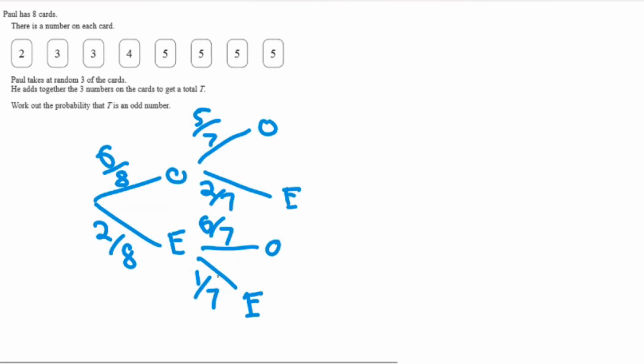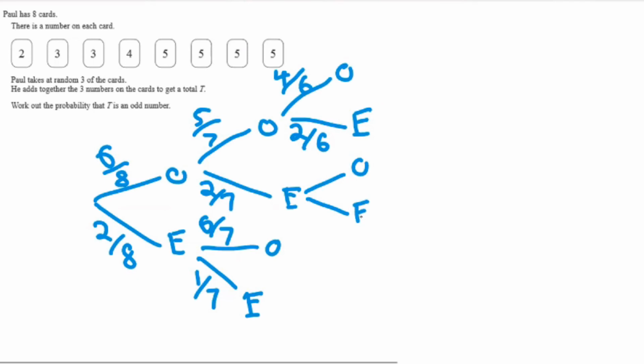Finally then, when we take our third card, and this is just where you have to be mindful of space, because we are going to end up with 8 endings to our branches. From the odds, so if we take an odd and an odd, the probability of getting yet a third odd is now going to be 4 out of 6, and even, there's still going to be 2 evens, but now again out of 6. For going an odd and then an even, to get an odd at the very end is now going to be 5 out of 6, and even is 1 out of 6.